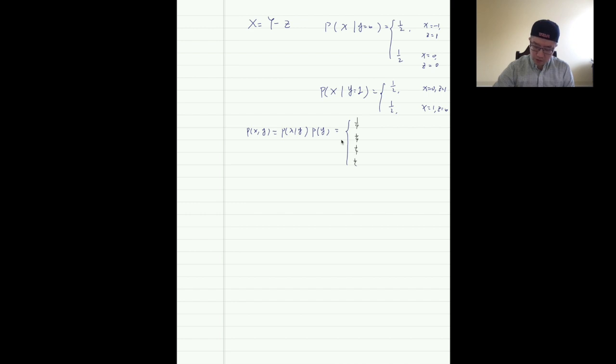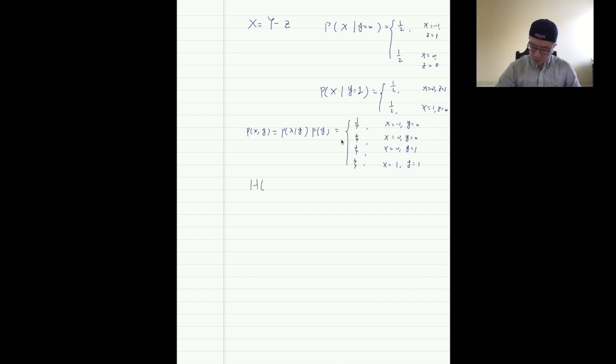And you can see that in this case, x and y are basically statistically independent, right? So we can just write down all the possible probabilities here. It's like x is -1, y is 0. Here is x is 0, y is 0, x is 0, y is 1, and x is 1, y is 1 as well, right?